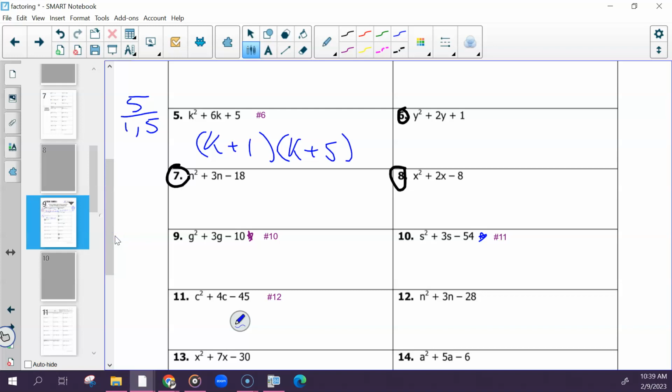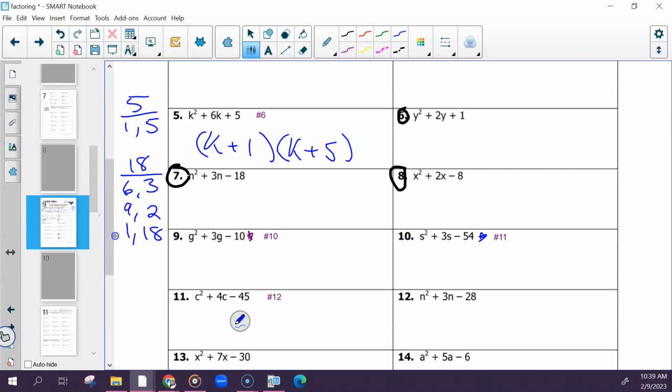So with 7, disregard that it's negative. What are the factors of 18? 9 and 2. 6 and 3 work. Are there any others? 18. 4 doesn't work. 5 wouldn't work.